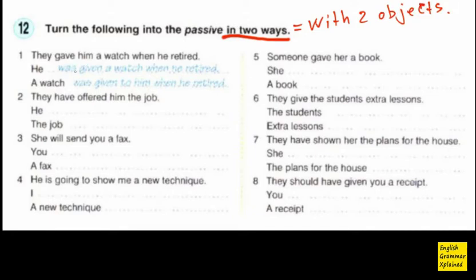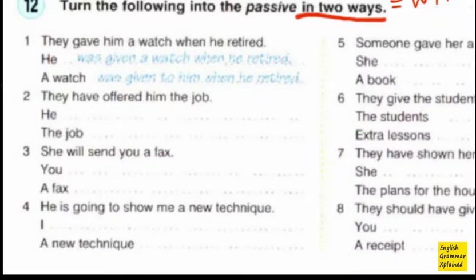So what do we have in number 1? They gave him a watch when he retired. So here, as usual, I have the subject, they, then the main verb, and then object number 1, and then object number 2, and then all this something.